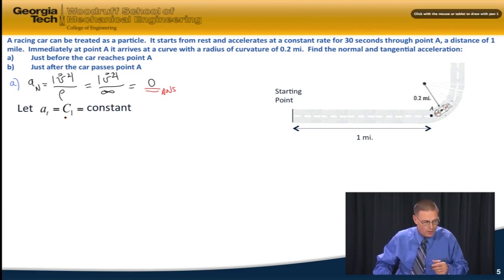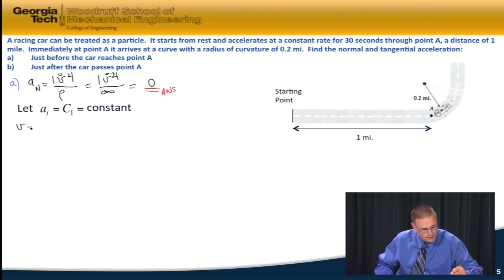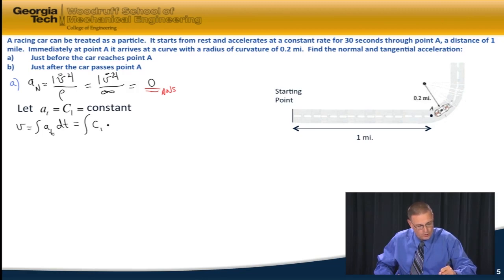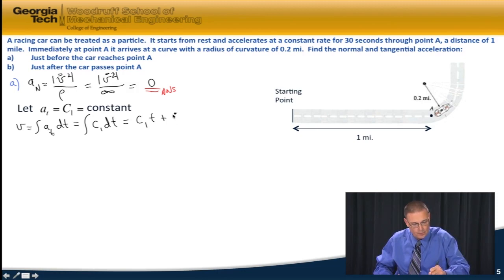So let's start with taking that tangential acceleration, which is unknown, and integrating it to find the expression for velocity. So we know that velocity is the integral of the tangential acceleration, which is the integral of C1 dt, or C1 times time plus some constant of integration C2. How do I find that constant of integration C2?